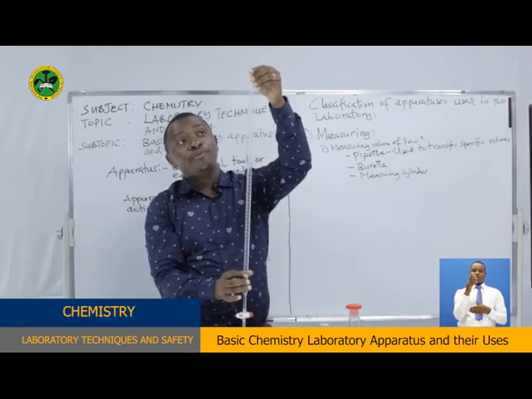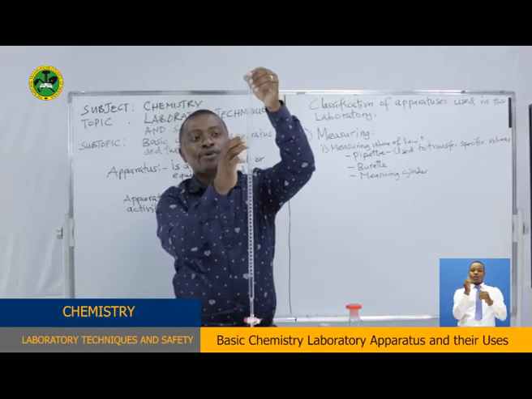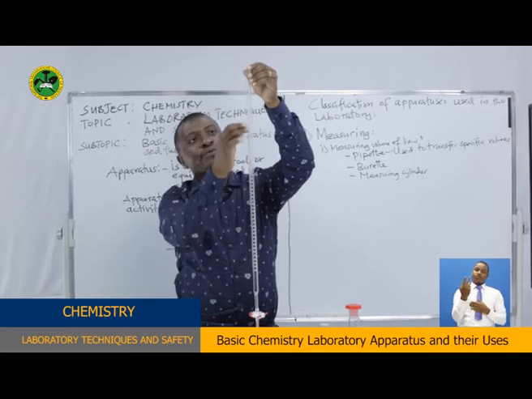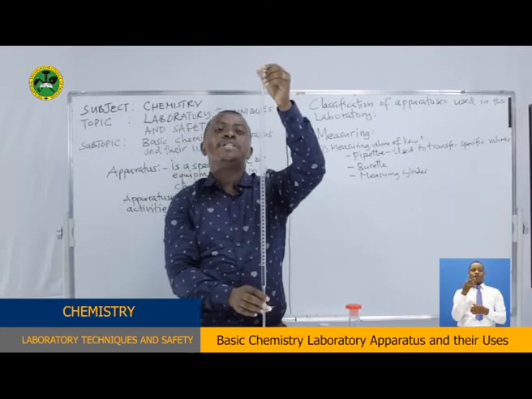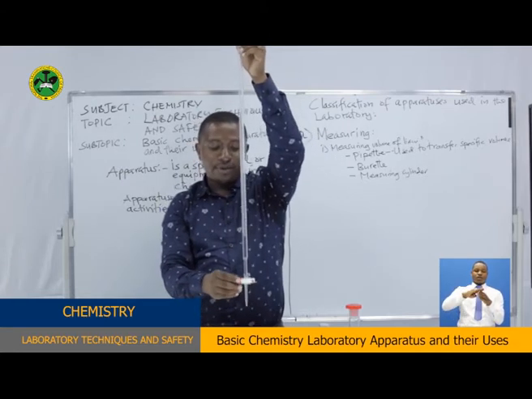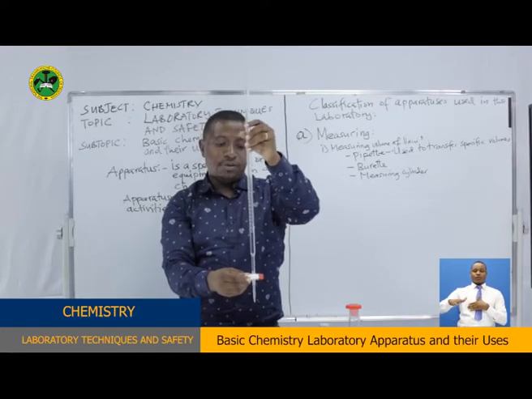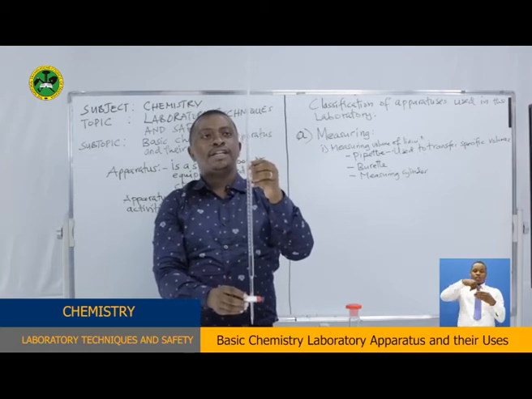So from the burette you can have a volume of 10.5, 15.5, 20, 7.5, 10. So it measures accurate volumes and it is used to dispense liquids. And this kind of apparatus is used in titrations.